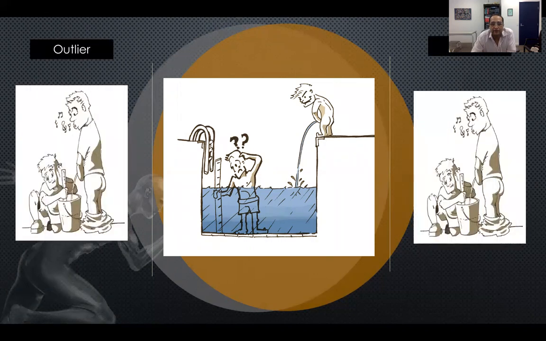However, if you took a bucket out of this pool and you peed in the bucket, you would potentially see the difference in the water height in the bucket. Essentially, the small number of patients that are outlier patients may see the benefit of the actual technique, not necessarily the full group of patients. As I said, 70% of patients are plus or minus 3 anyway.